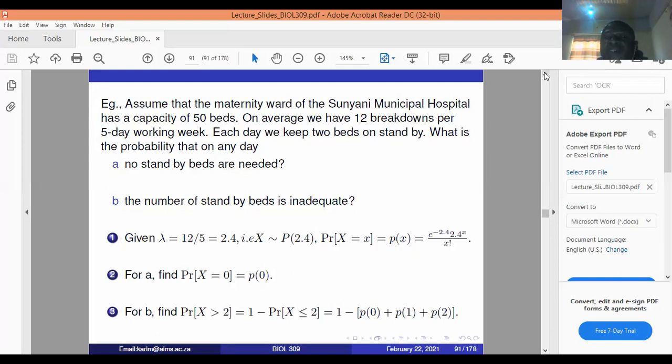And on average, there are 12 breakdowns per 5 working week. So if we want to get the average breakdown in a day, that is going to be 12 divided by 5. That means our lambda is going to be equal to 12 divided by 5, and that is 2.4. And we can substitute that into our Poisson, and then we have this.